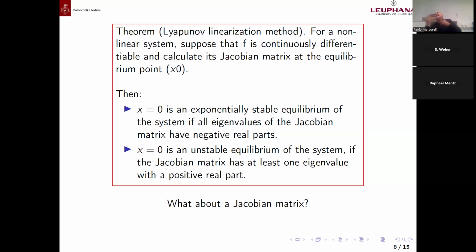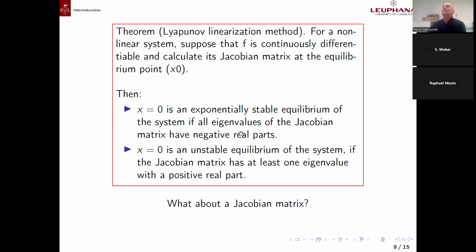This means it's like a Taylor approximation, you probably remember from math, around the point which we want to analyze. The Jacobian states its Taylor approximation around the point x0, in this case 0, and by analyzing basically the linearized system, we can say if it's asymptotically stable, exponentially stable, in accordance with the eigenvalues.